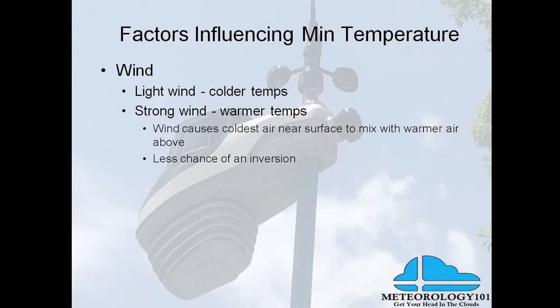So when you have the cooling at night, you typically get an inversion in the morning, as long as you don't have the winds to break that inversion, to mix that air and give you more of a steady temperature with height. You have to have an increase in temperature with height to have an inversion.